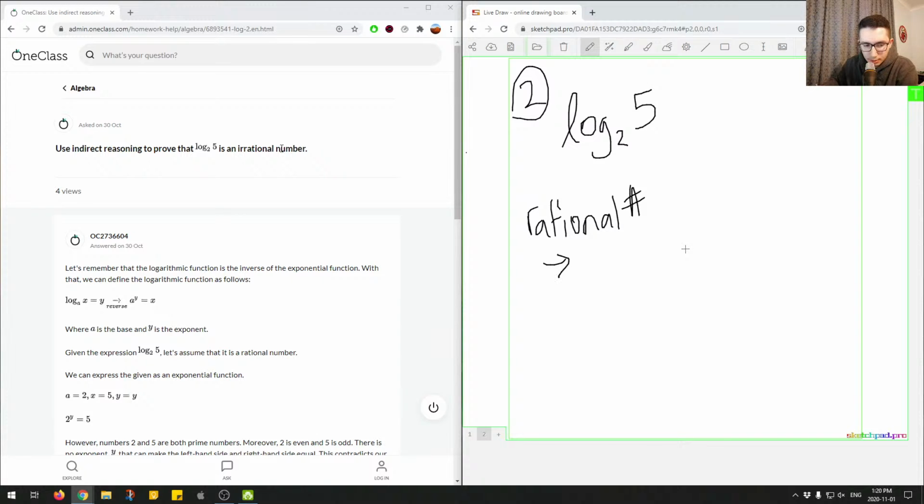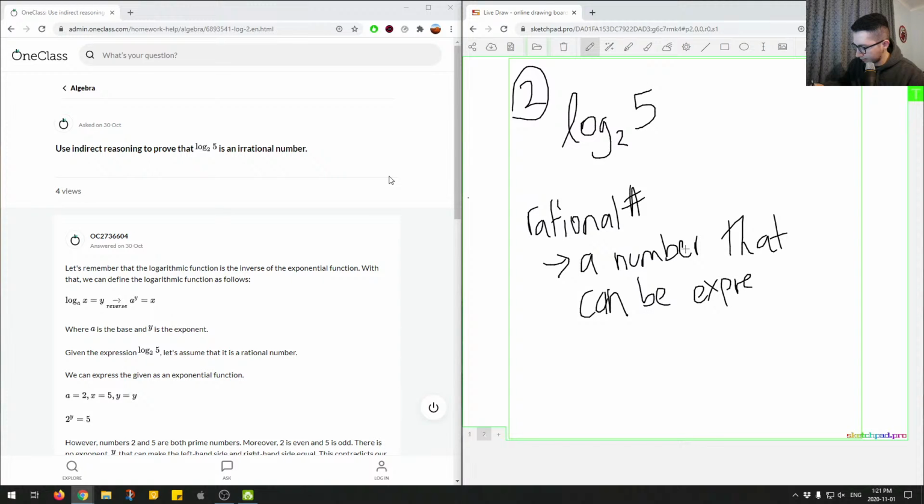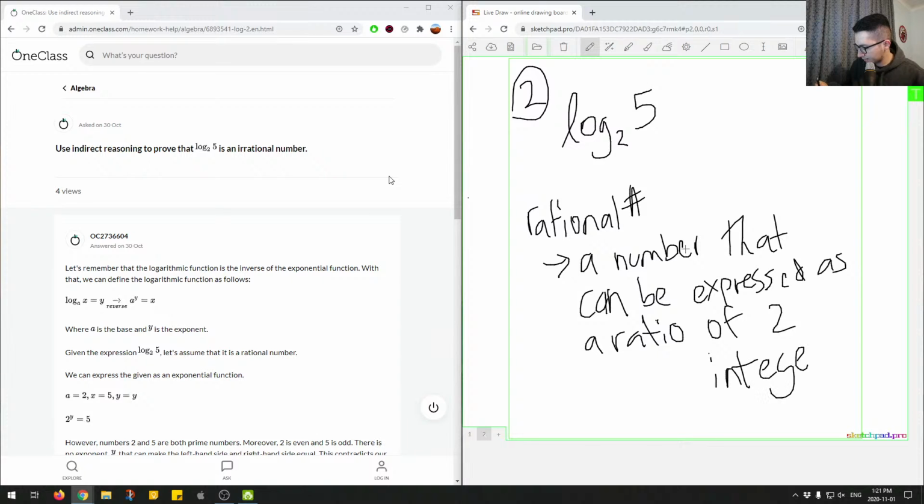It is a number, and I'm using this hashtag symbol to represent a number, that can be expressed as a ratio of 2 integers. So this is the full definition of what a rational number is.